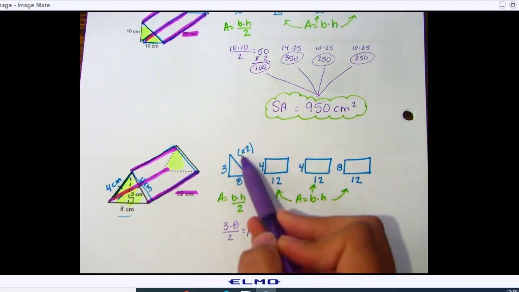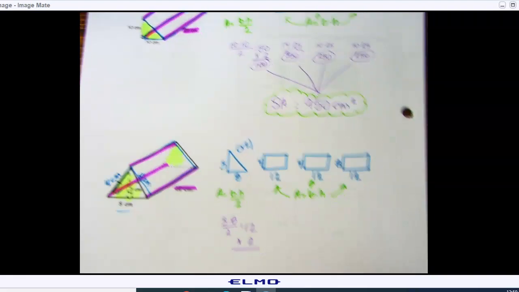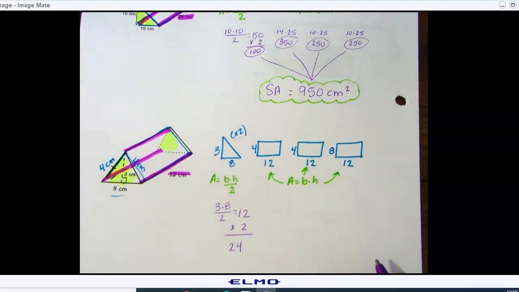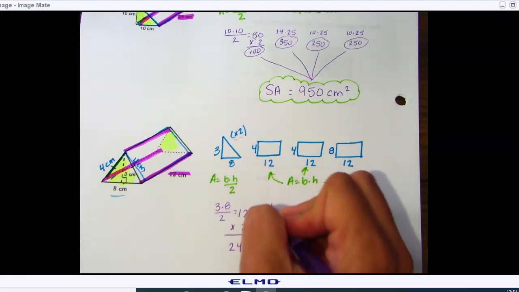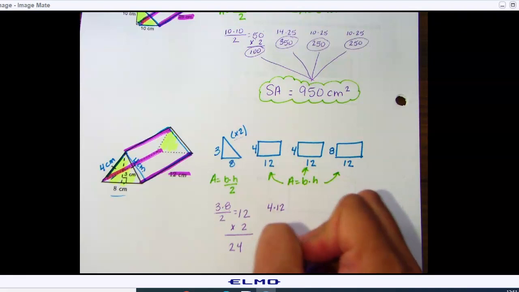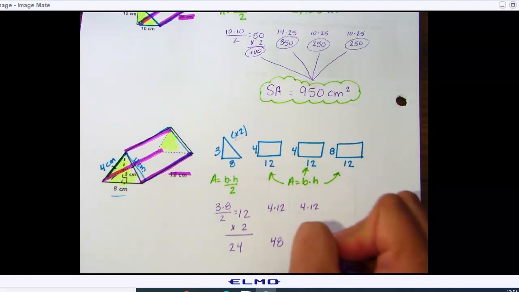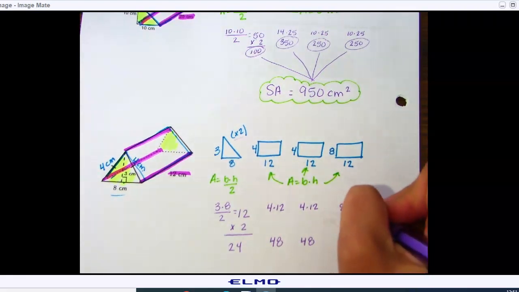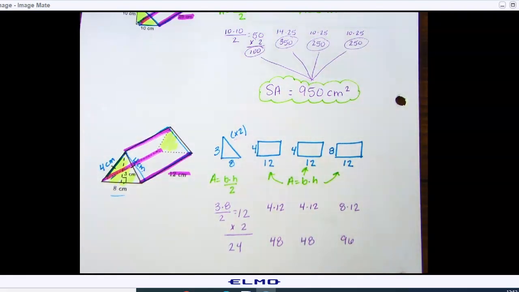But we know we have 2 triangles, so we need to multiply by 2 because that's how many faces of a triangle we have, which gets us back to 24. Our next one, our rectangle, we have 4 times 12, which we know to be 48. 4 times 12 again, which is another 48. And 8 times 12, which is 96.